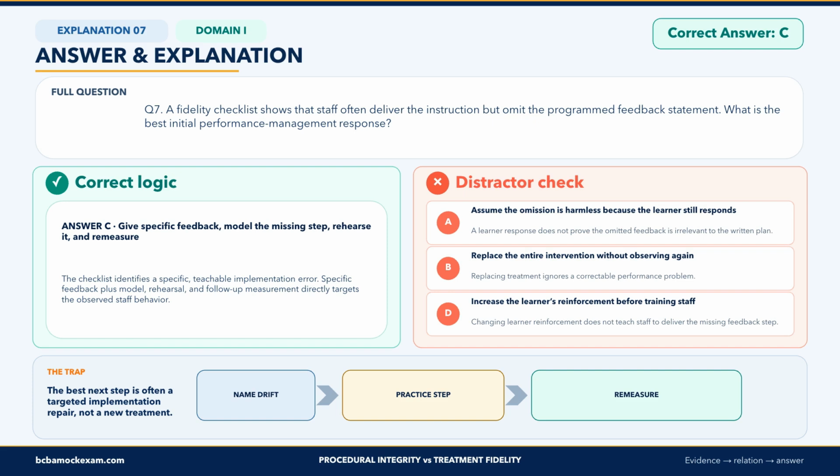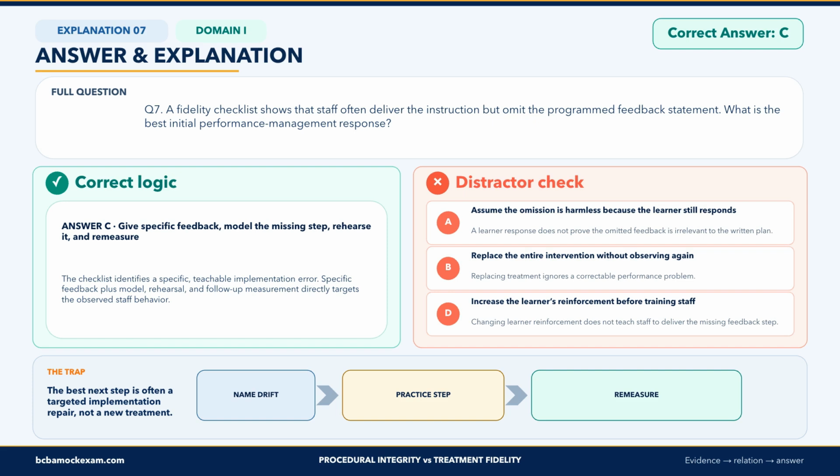The strongest answer is C. Give specific feedback, model the missing step, rehearse it, and remeasure. The checklist identifies a specific, teachable implementation error. Specific feedback plus model, rehearsal, and follow-up measurement directly targets the observed staff behavior. The trap is that the best next step is often a targeted implementation repair, not a new treatment.